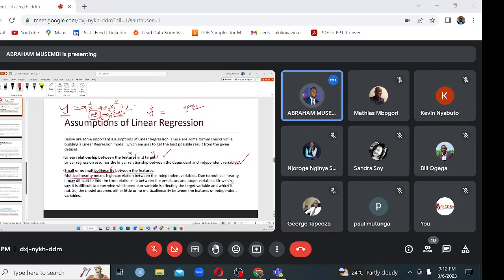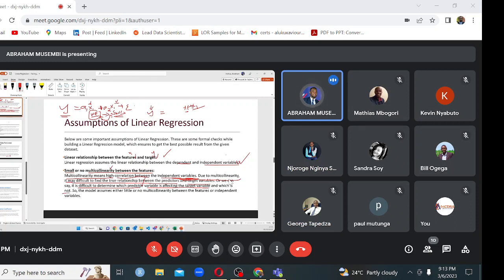Multicollinearity means high correlation between the independent variables. Due to multicollinearity, it may be difficult to find the true relationship between the predictors and the target value, or we can say it is difficult to determine which predictor or independent variable is affecting the target variable and which is not.